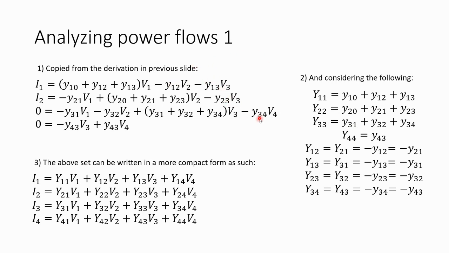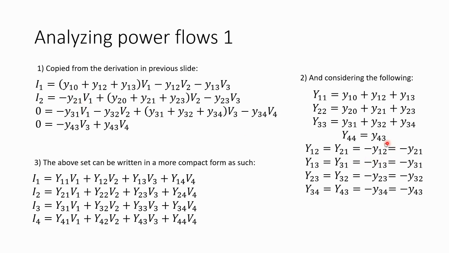And the remaining terms that we have not defined, such as this one, this one, and this one, we call them the off-diagonal elements. And just now we mentioned that whether you mention them as y12 or y21, it doesn't matter. They are referring to the same branch, and therefore they have the same value.